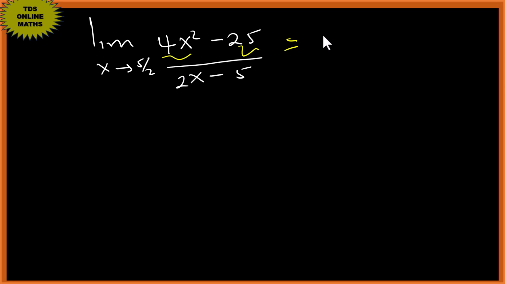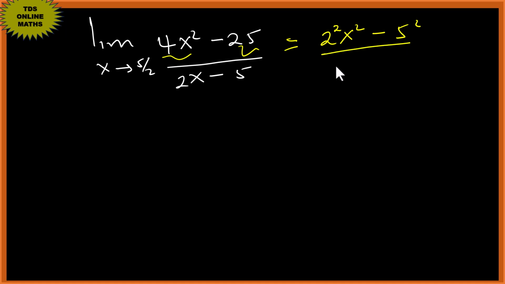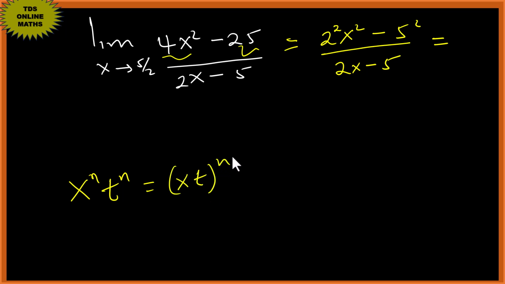So we can say (2x) squared minus 5 squared on 2x minus 5. Now, in case we're given x raised to n, t raised to n, that is the same as (xt) all raised to n.